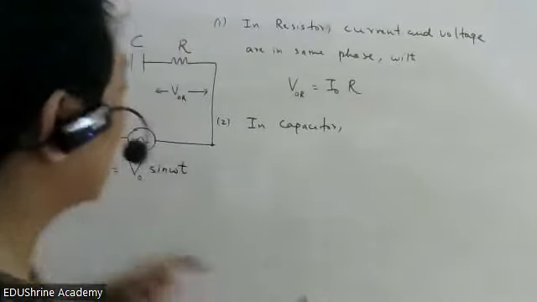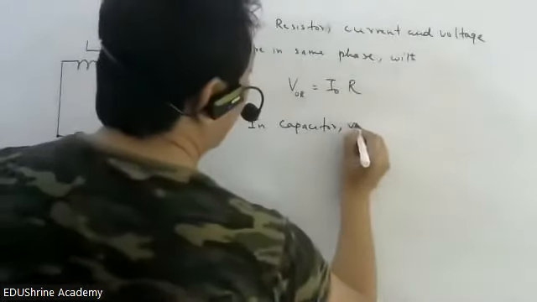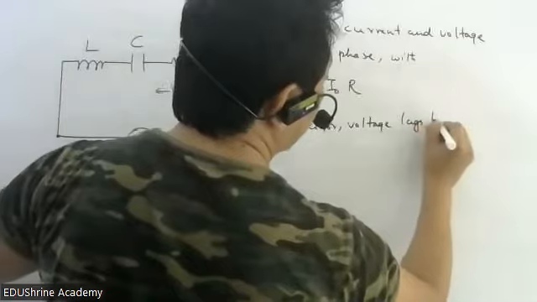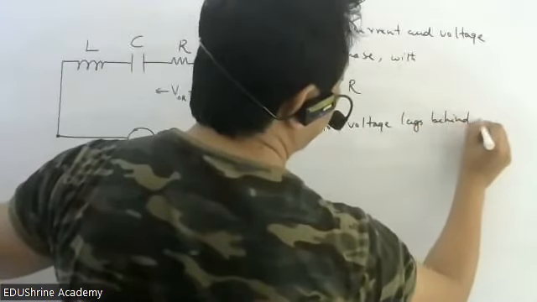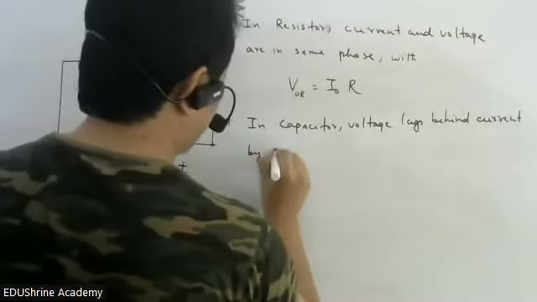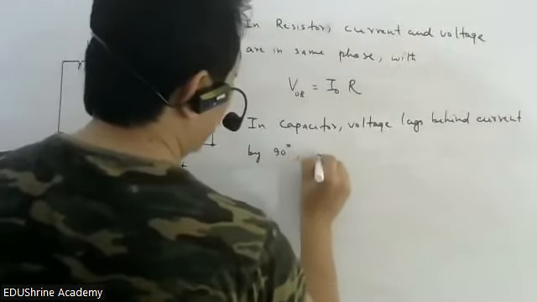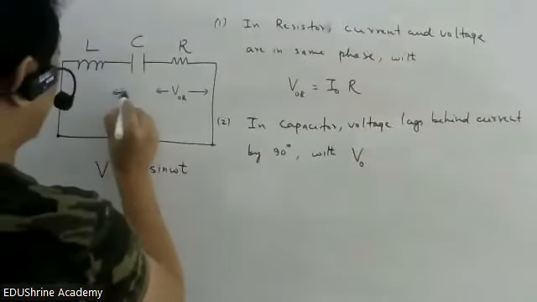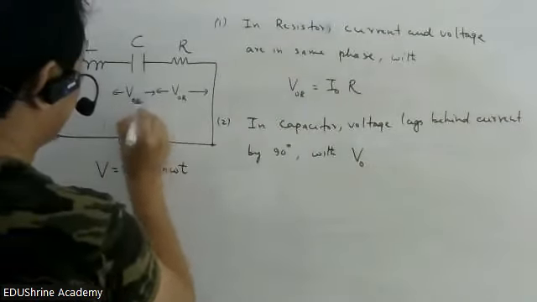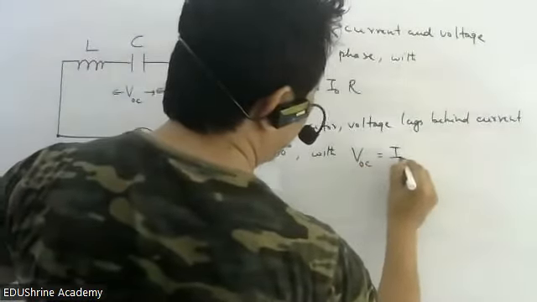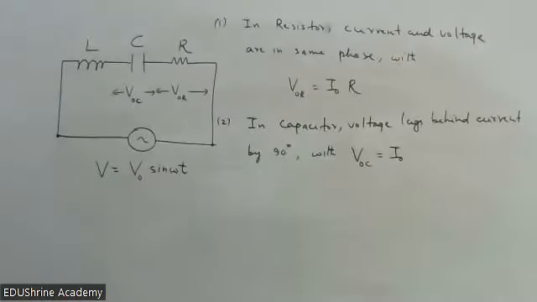So in capacitor, voltage lags behind current by 90 degree, with the formula V naught C. If the voltage is V naught C, the peak voltage only, then how can I write I naught into what?